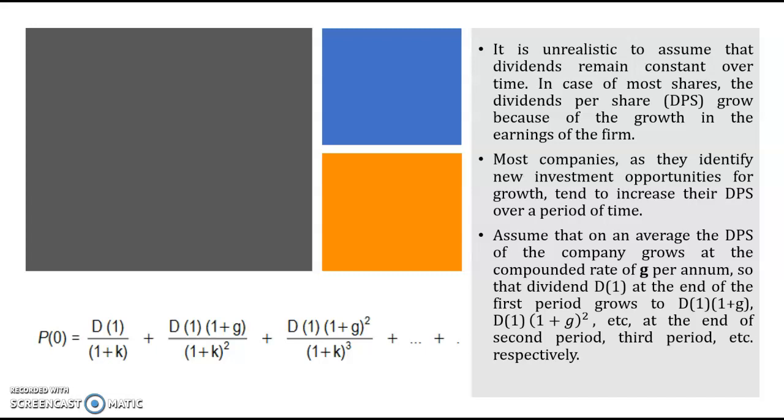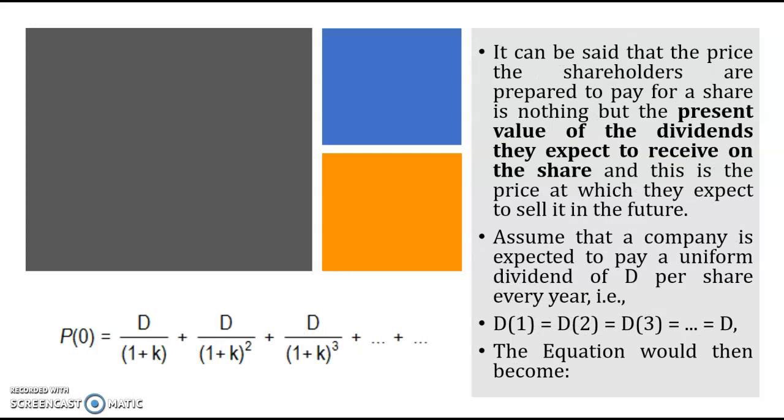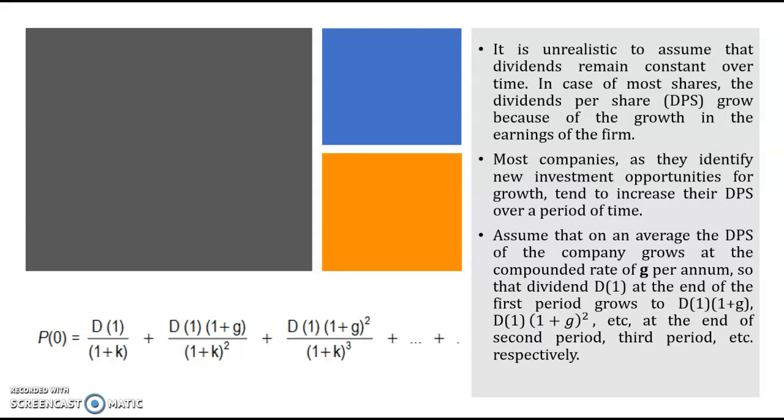This goes on for the number of years until you think of holding the share. This is one way of understanding how the intrinsic value of a share can be calculated, where in the previous case the dividends were constant, and in this case the dividends are growing at a constant rate, G per annum.